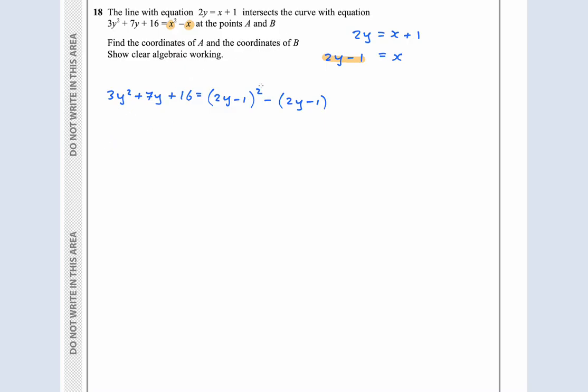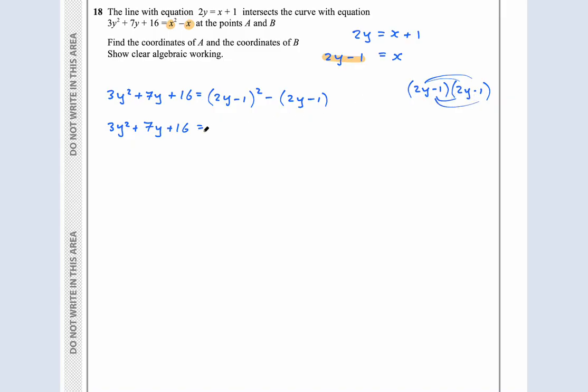Multiply this out. Do it at the side, guys. 2y minus 1 times 2y minus 1. It's first times first, and so on. You get 4y squared minus 4y plus 1. And then this, be careful, becomes minus 2y plus 1, because minus times minus is plus.